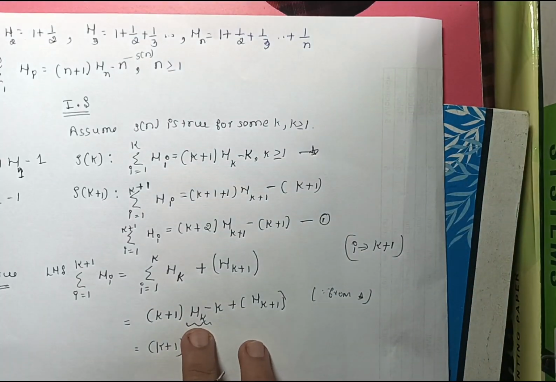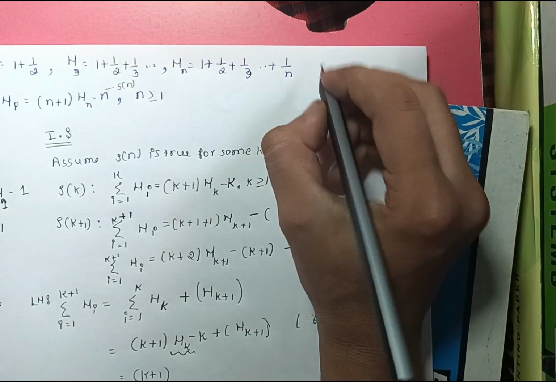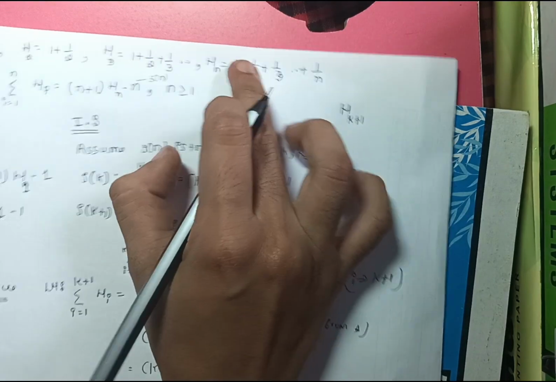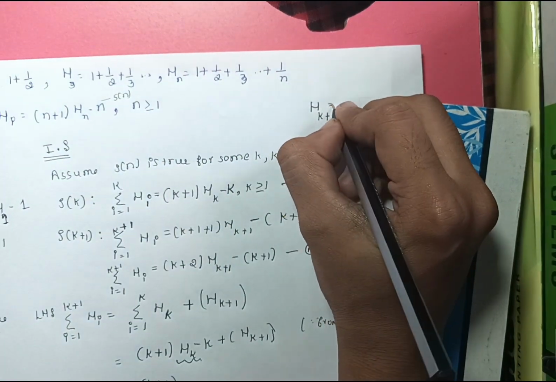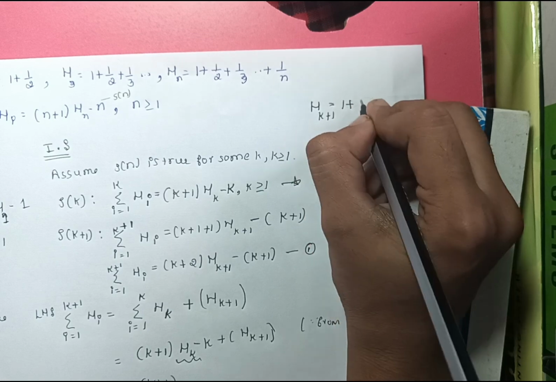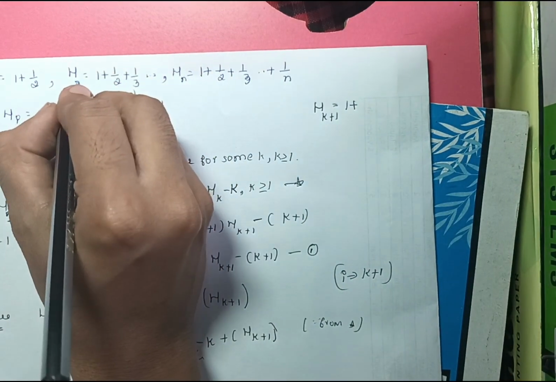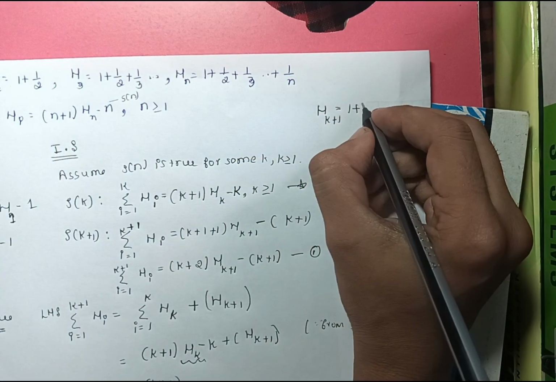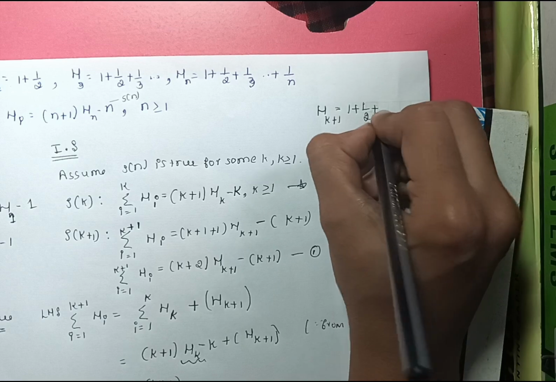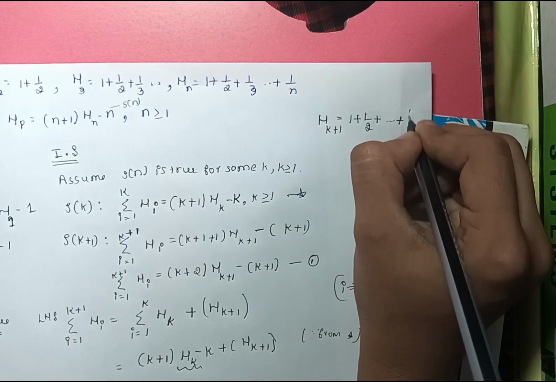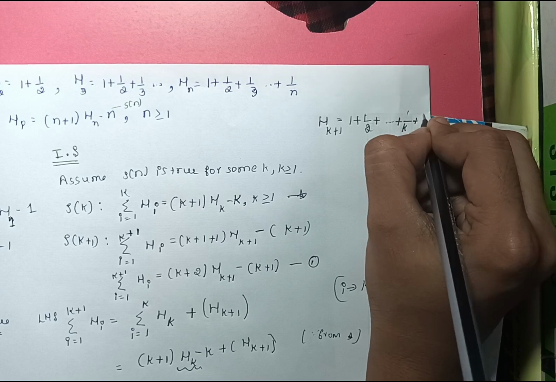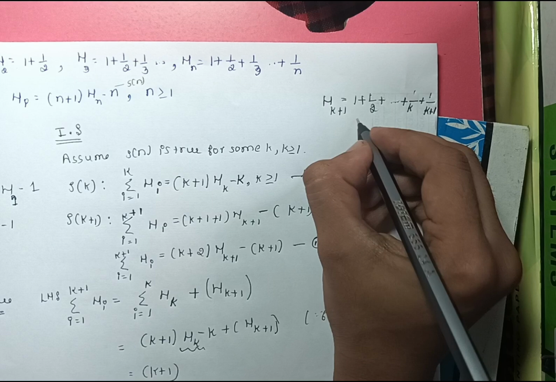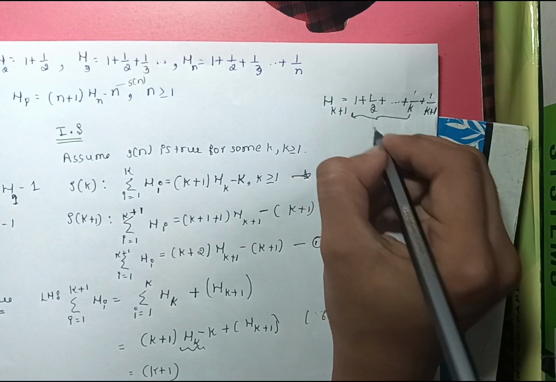When we need to find h of k, first write the formula for h of k plus 1 by seeing this equation. We know that h of k plus 1 is 1 plus 1 by 2 till 1 by k, plus 1 by k plus 1. Consider h of 3. It is the k plus 1th term of h of 2. By the given equation we can say till 1 by k plus 1 by k plus 1, till this. What is this?